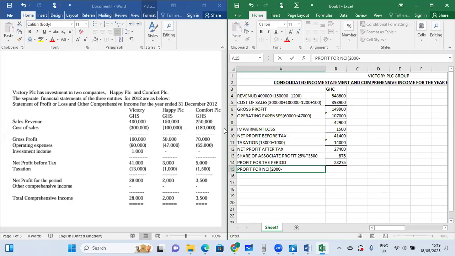So we have to take that PURP, the provision for unrealized profit, out. And then multiply it by 20% because they have only a 20% share in this profit. So it is going to be equal to 0.2 times 1,900.